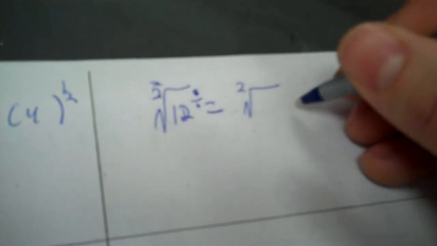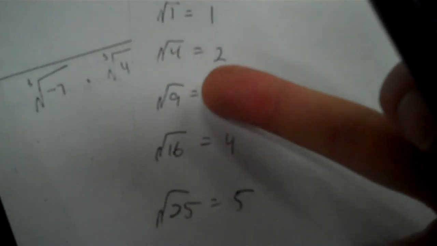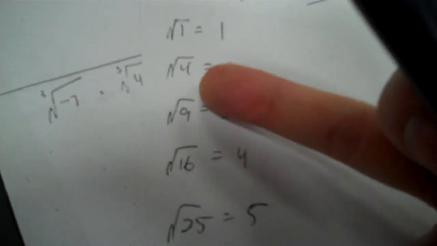Then we're going to rewrite that in two different square roots. Is 12 divisible by 9? No, it's divisible by 4. If you divide by 4, you get 3. So that now becomes 2. So it's 2 radical 3. 2 whole radical 3.